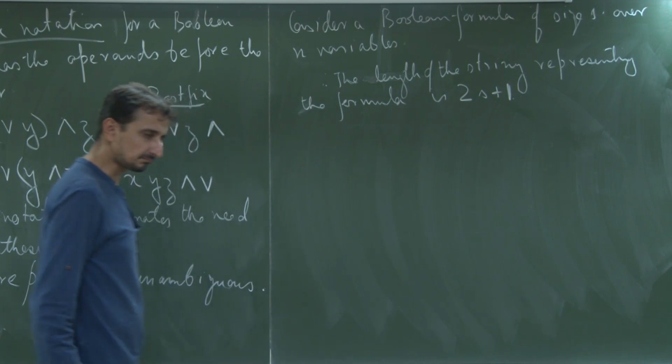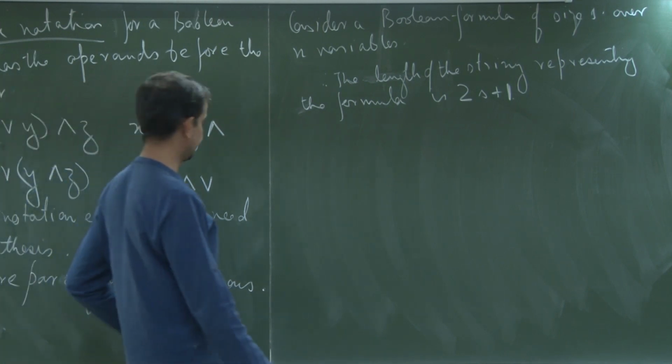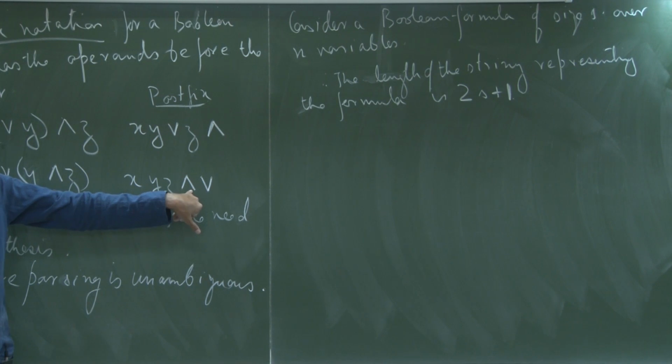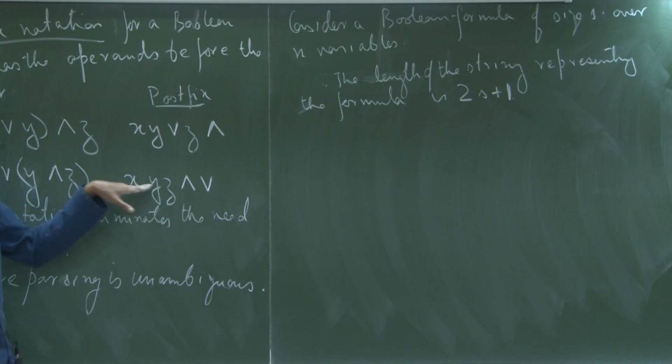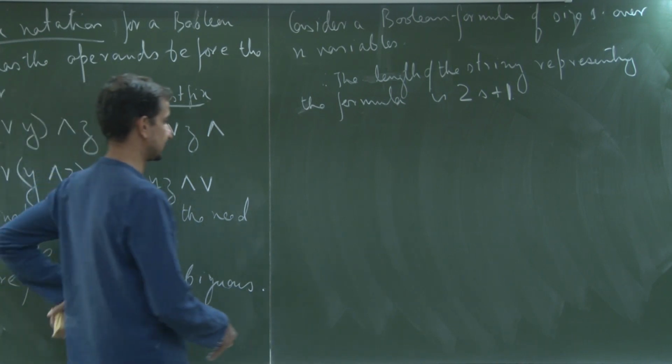Okay. Now, let us look at a string which has length 2s plus 1 and let us count the total number of possibilities for that string. So, first of all, how many gates are there? S gates. Okay. And these S gates can be in any of the S positions. Okay. So, there are a total of 2s plus 1 positions.